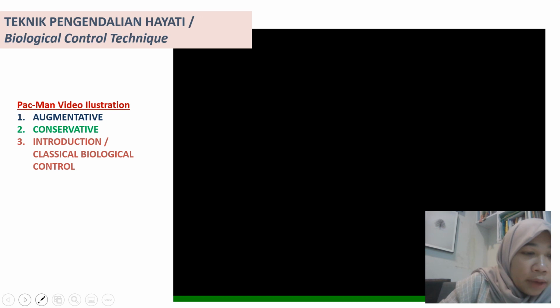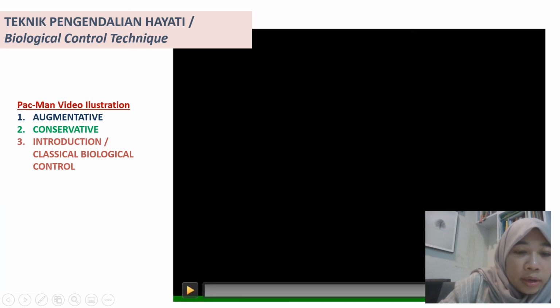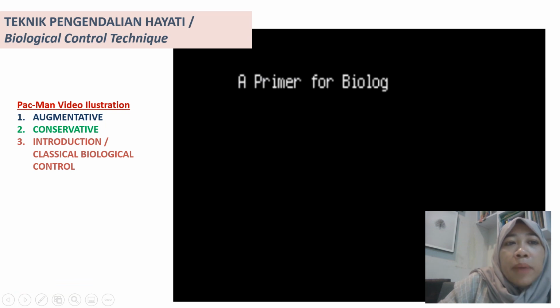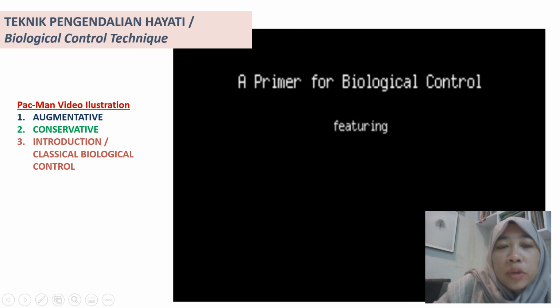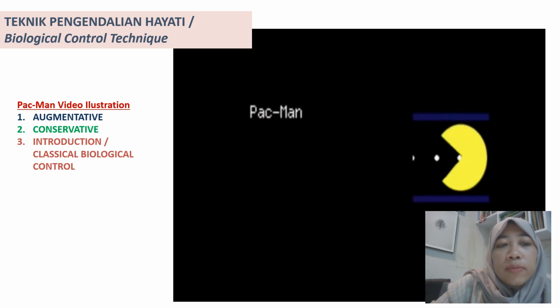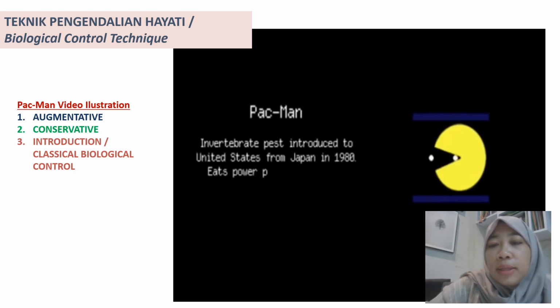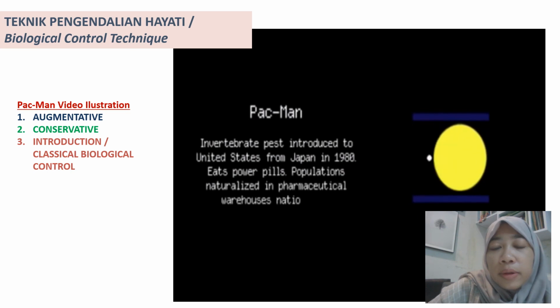And I have one video that we can watch together. It's really nice. It's about biological control techniques. The first one is augmentative, the second one conservative, and the third one introduction. This is Pac-Man, the yellow one is the pest.